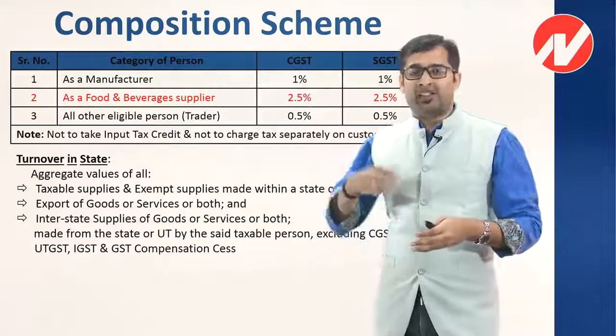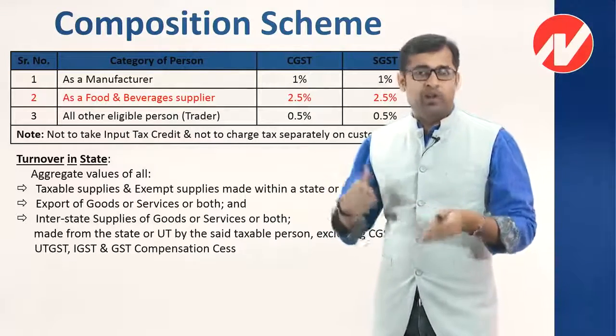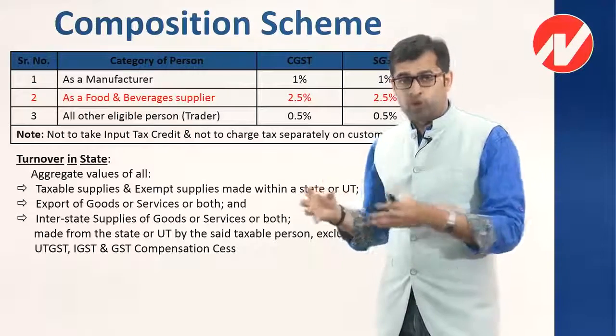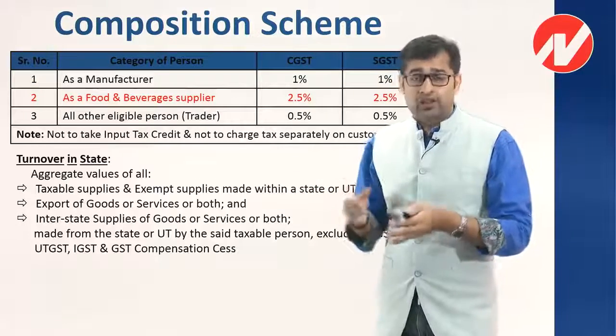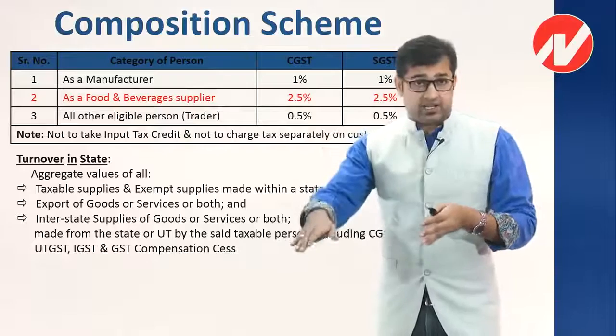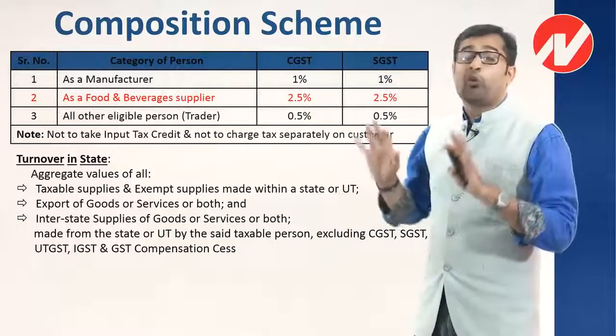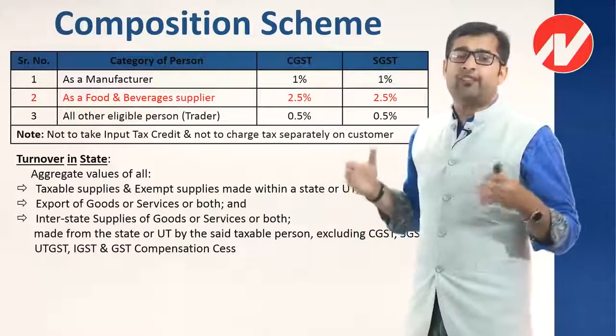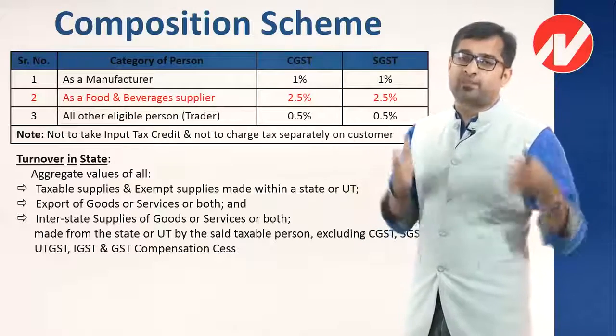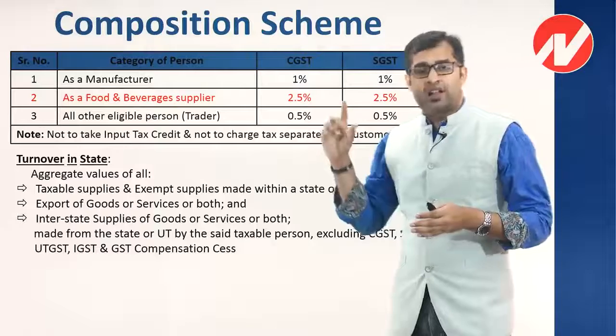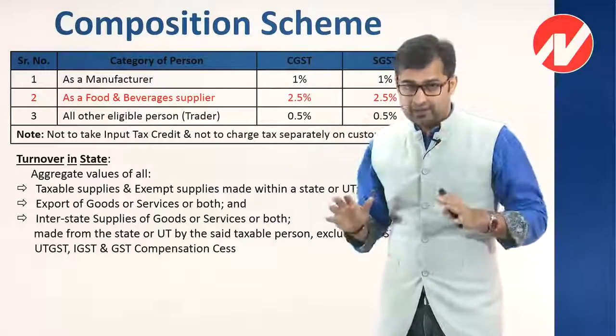So अगर मान लो कि मैं taxable goods जो state से बेच रहा हूं तो वो, exempt goods जो state से बेच रहा हूं तो वो, now everything will be put together as turnover of that state. So मुझे गुजरात का turnover अलग गिनना पड़ेगा, महाराष्ट्र का turnover, कोई फर्क नहीं पड़ेगा, but फिर भी they have put in this term that turnover for the respective state should be considered rather than considering the aggregate turnover.